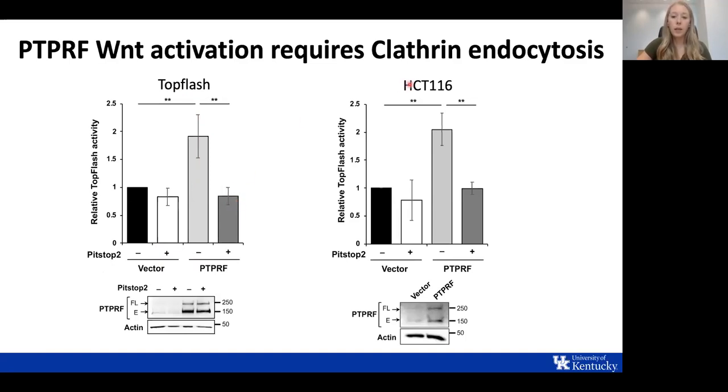This was repeated in HCT116 colon cancer cell line. Overexpressing PTPRF, we get Wnt activation, and the pit stop clathrin inhibitor inhibited this activation, suggesting that PTPRF's activation of Wnt signaling is clathrin dependent.